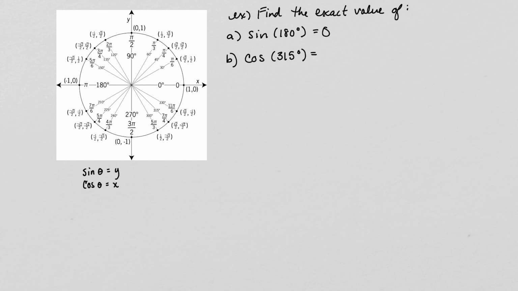Okay, so let's look at this. Here's 315 degrees. I find 315 degrees on my unit circle. Here it is. I have root 2 over 2, minus root 2 over 2. I'm looking for the cosine, which is the x value. So in this case, it's just root 2 over 2. Does that make sense?